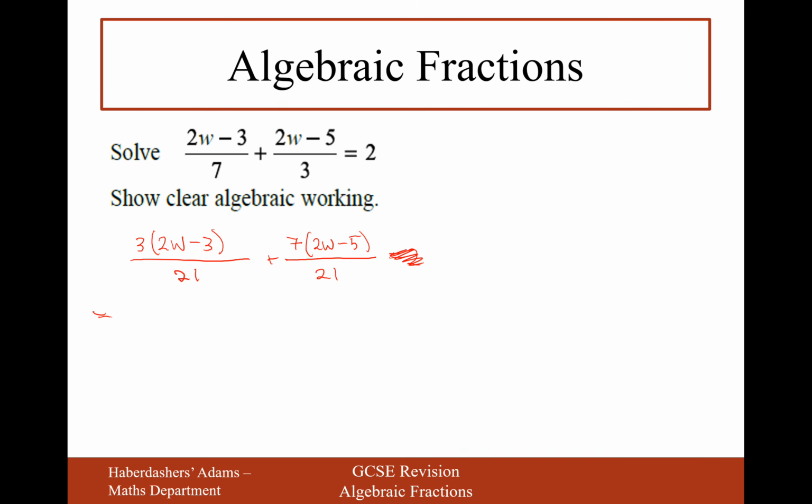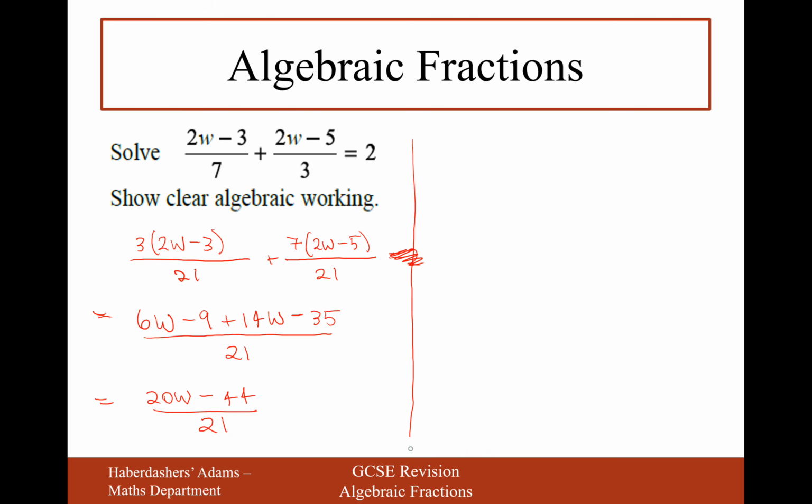In fact, we'll just ignore the 2 for now. So that's going to equal 6w minus 9 plus 14w minus 35 all over 21. Let's now group these together. It will be 20w minus 44 over 21.